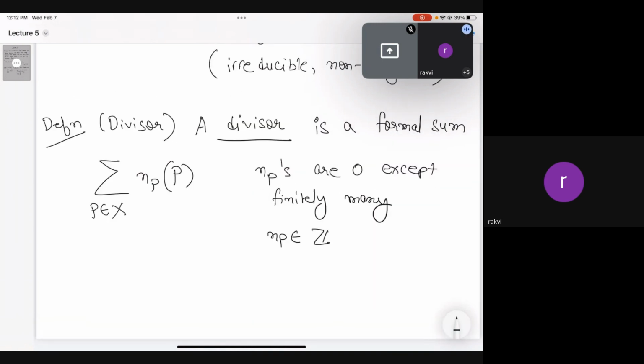Let me write down clearly what I just described. Given two divisors, we can add them to obtain a new divisor.